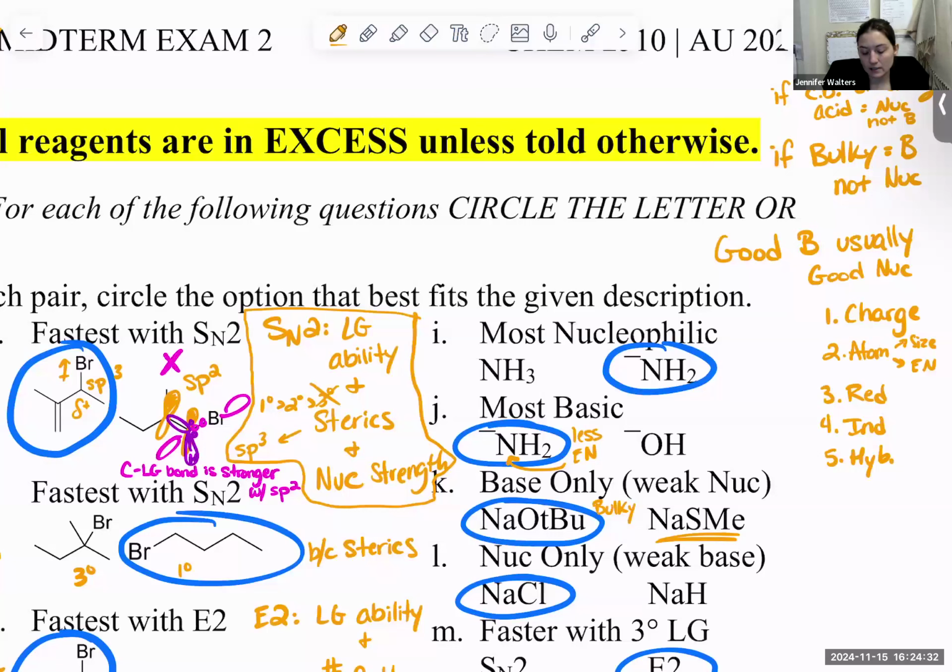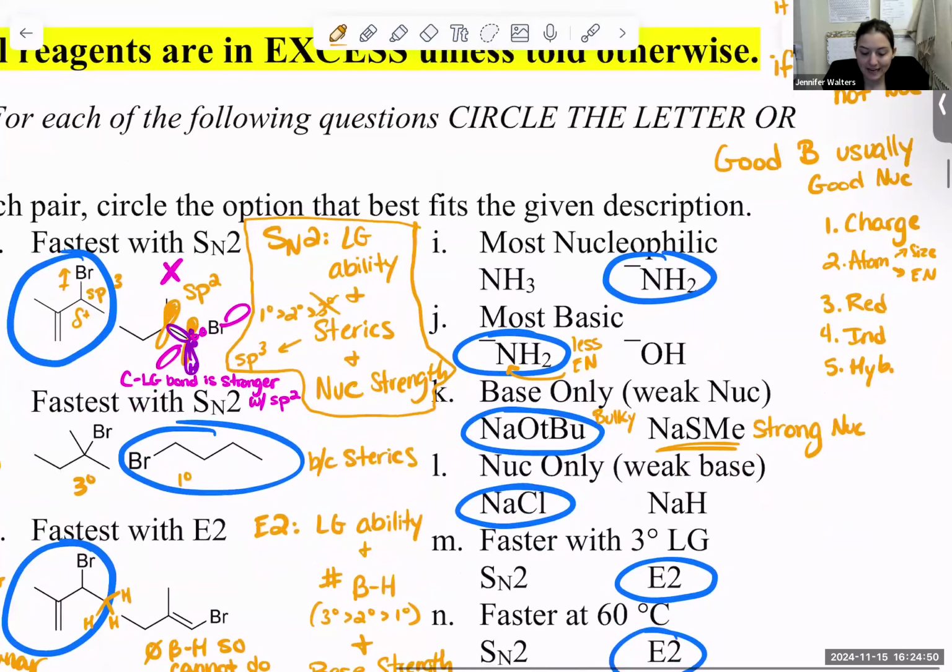Also, I see that sodium sulfide, that is going to be a strong nucleophile. So that's definitely the wrong answer there. The rationale was that sulfur is highly polarized. Sulfur is highly polarized, so it's going to be very reactive, really good at reaching out and attacking carbon.